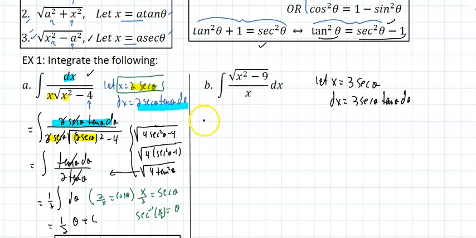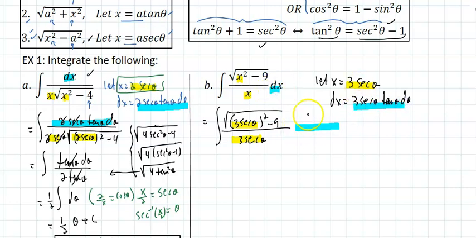So my substitution would be 3 secant of theta squared minus 9 underneath the radical, all over 3 secant of theta. And be careful, dx is all of this. That's not something to forget. 3 secant of theta tan of theta d theta.